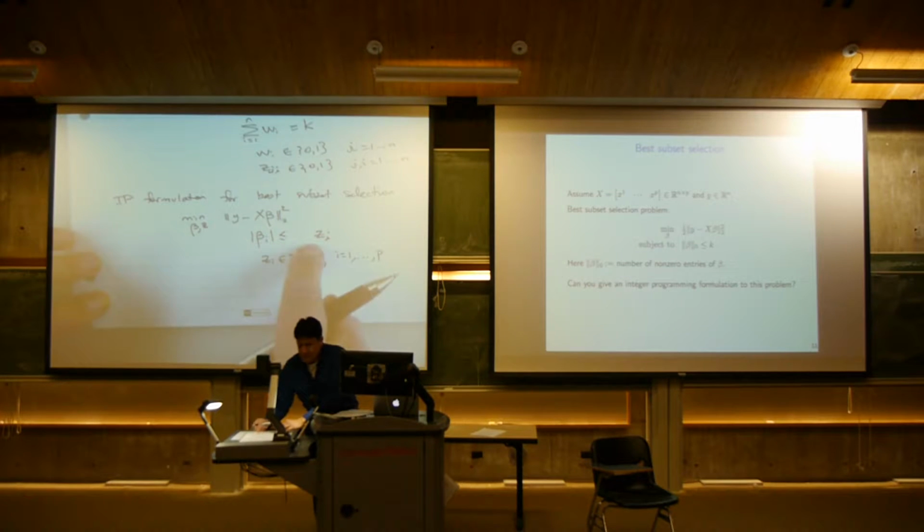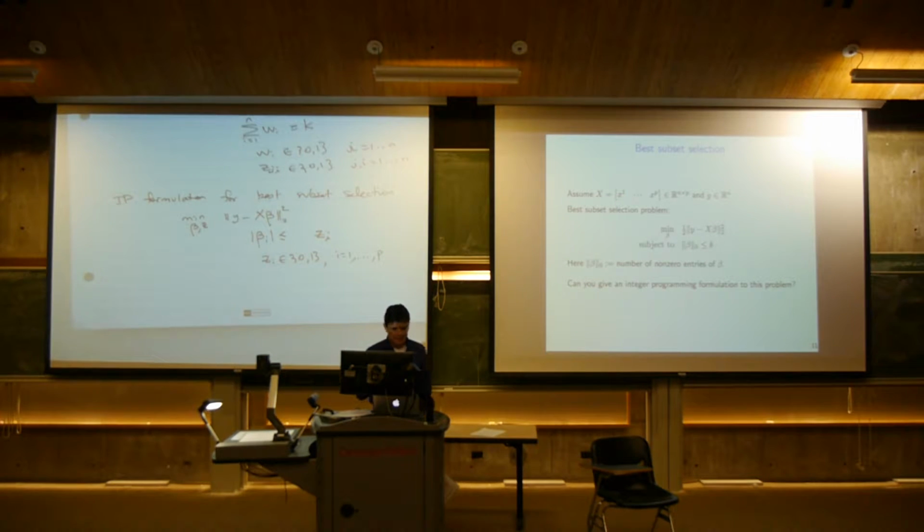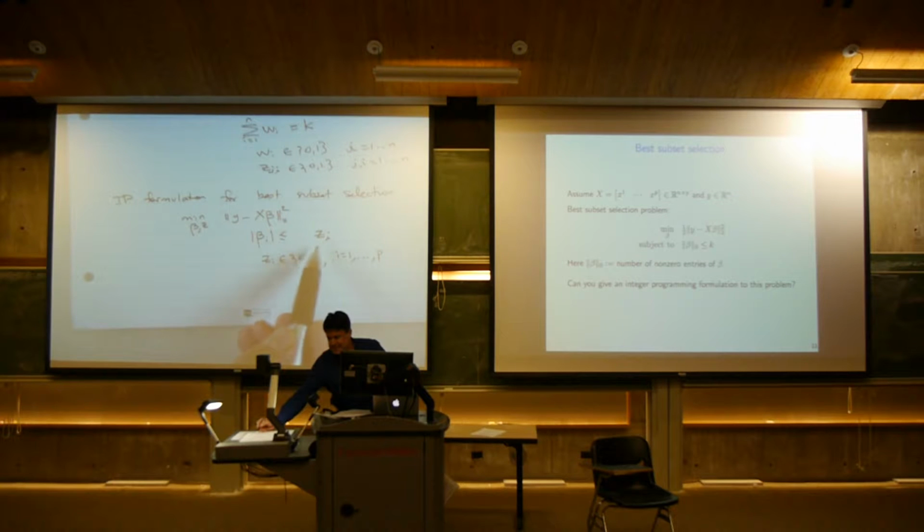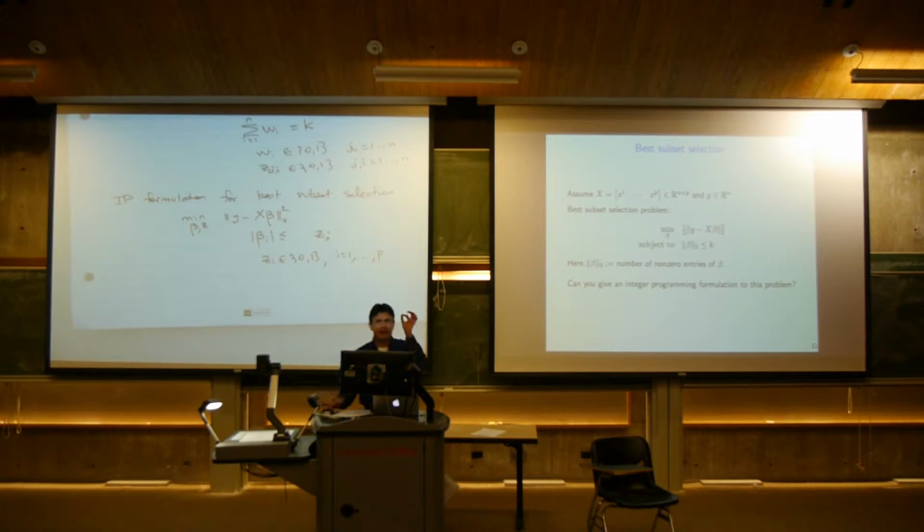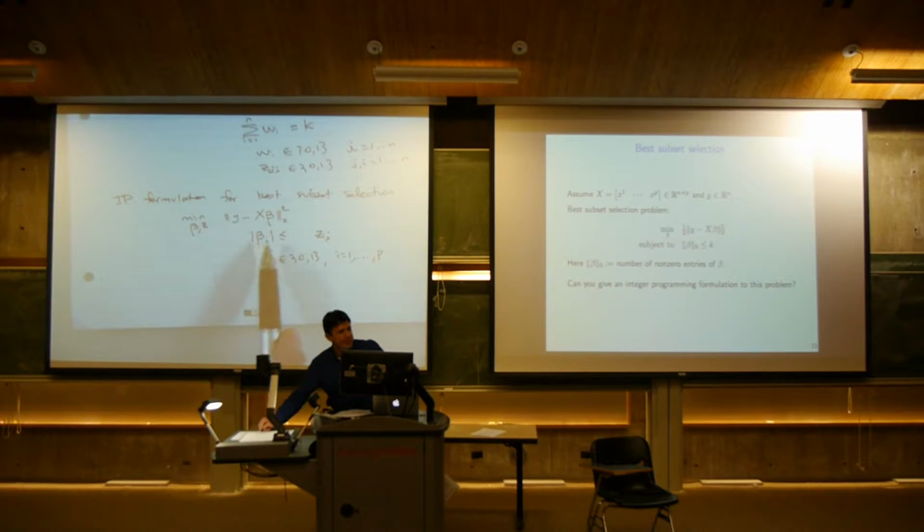Now, this almost works, meaning the zi's essentially are going to flag what entries are 0 and what entries are not 0. When zi is 0, this will force me not to use that component. But when zi is 1, then I should be able to use this beta i.